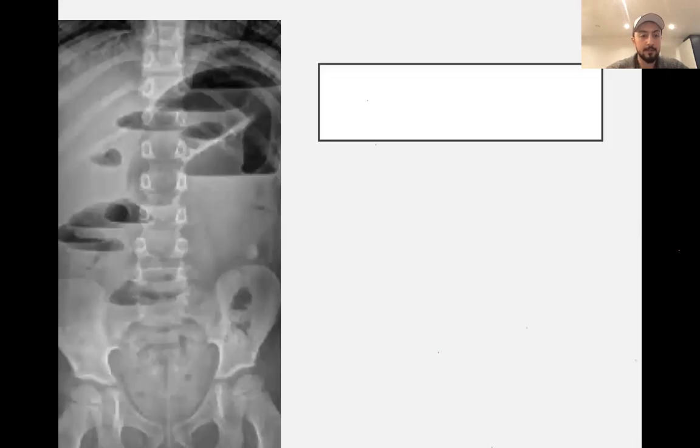And here you can see there are multiple fluid levels on this abdominal X-ray. Now, this is caused by small bowel obstruction, causing the fluid levels to be at completely different levels, and usually there are supposed to be fewer than five different fluid levels.